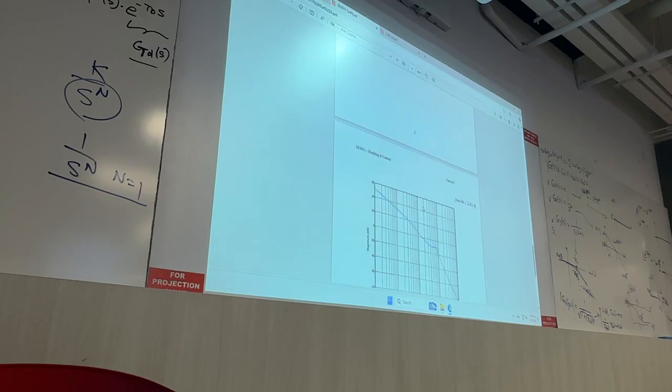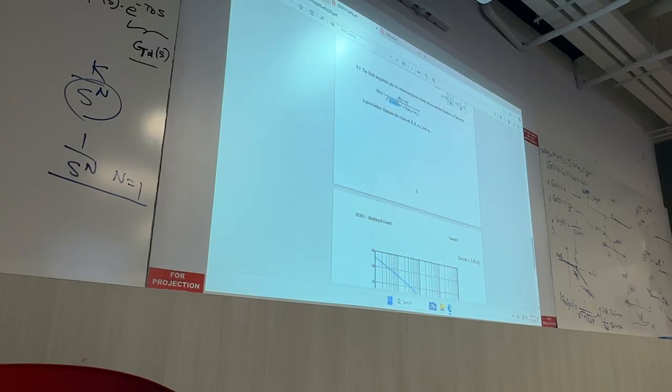Okay? Of course, this guy is not in normalized form. So the K is not the K we have been talking about. So we need to combine all this A and 0.5 omega n squared. You normalize it, then you are going to get the new K. Okay?